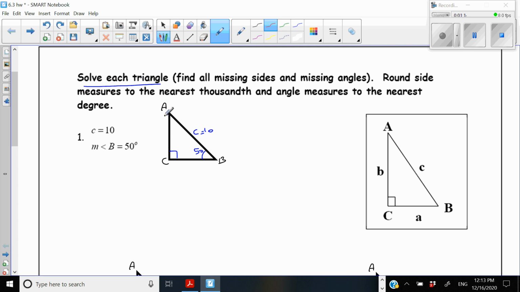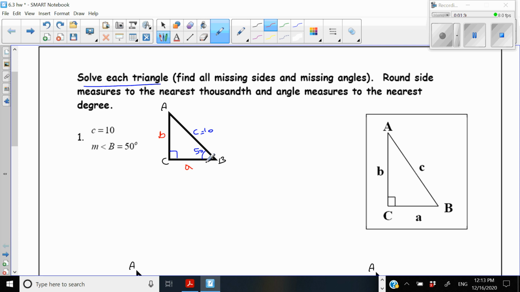Like if this angle is A, the opposite of this angle is this side and can be written as a. This angle is C, the opposite side will be c, but with a small letter, and the same is for this one. So this is b. Okay, now let's start working on solving this triangle.